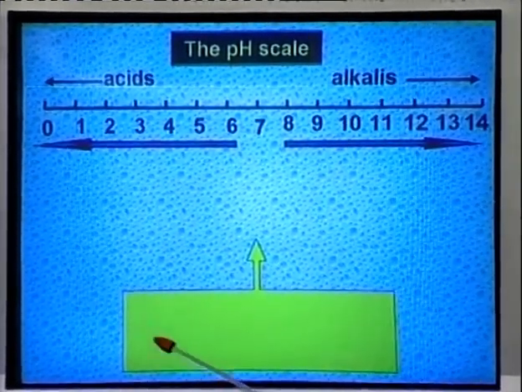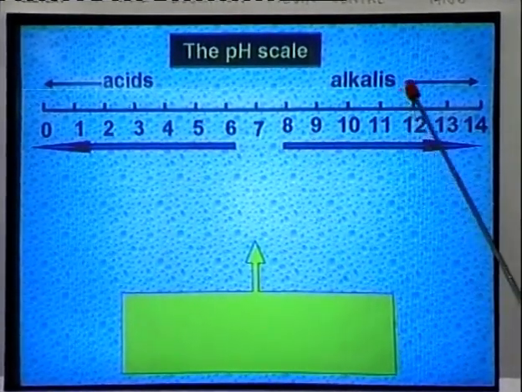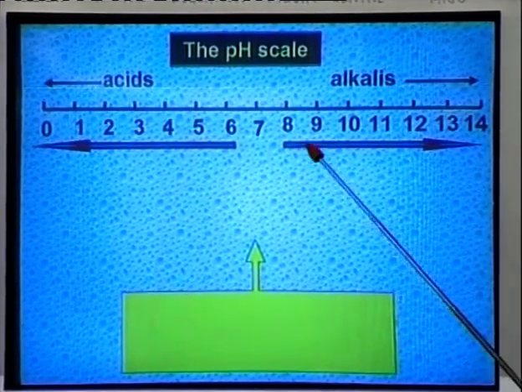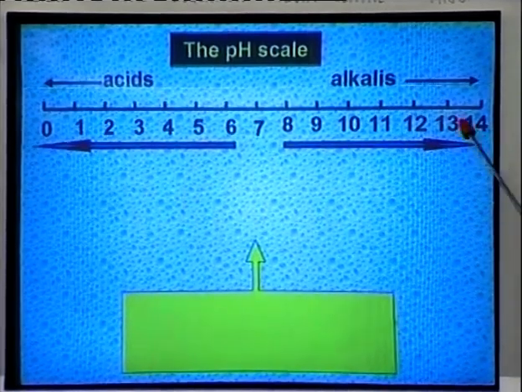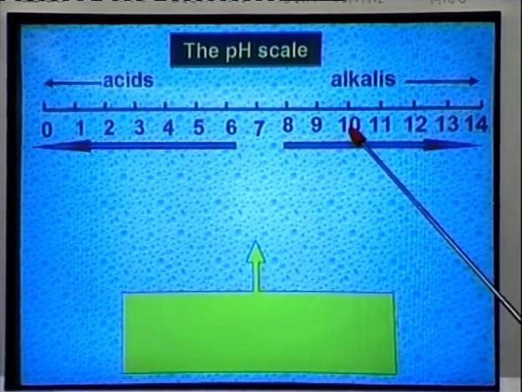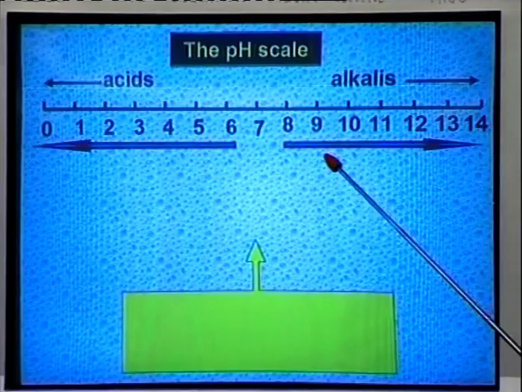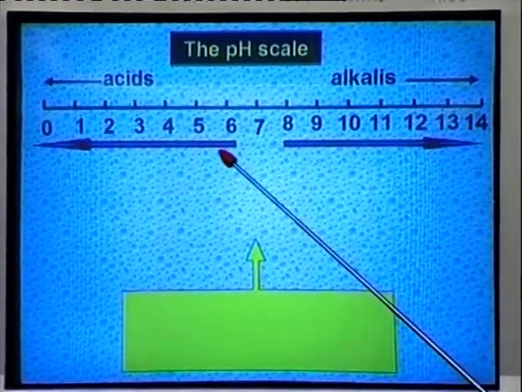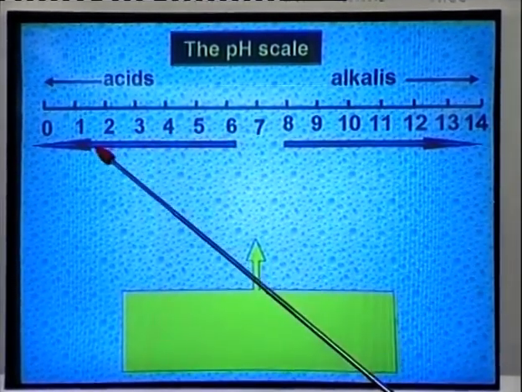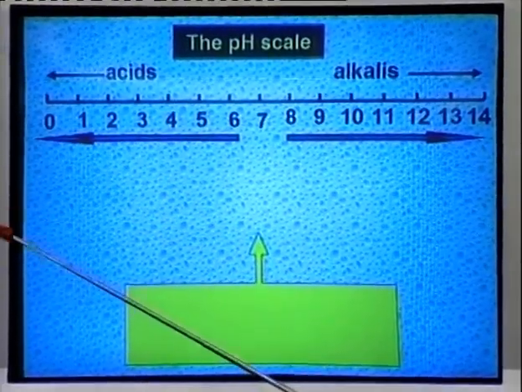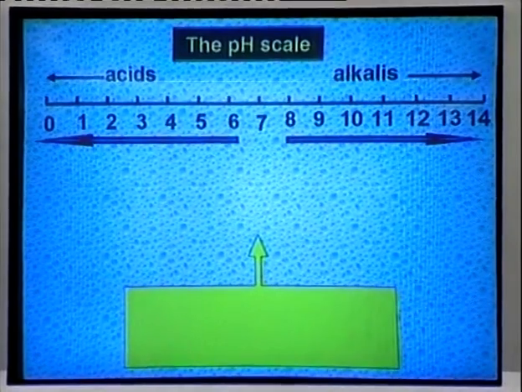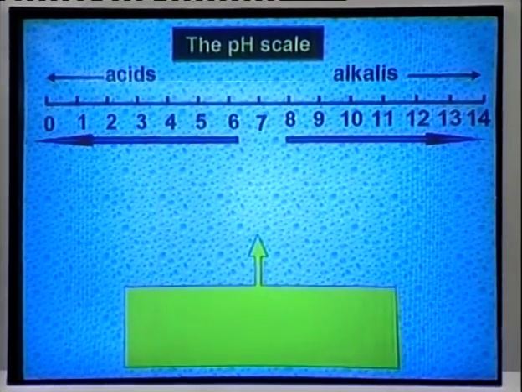Alkalis: the arrow pointing in this direction shows how strong or weak an alkali is. From 6 down to 0 shows how strong or weak an acid is. Is that clear?